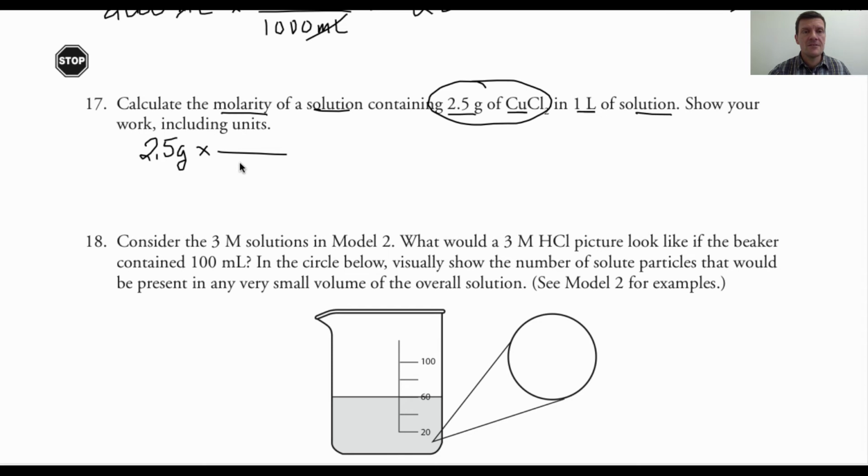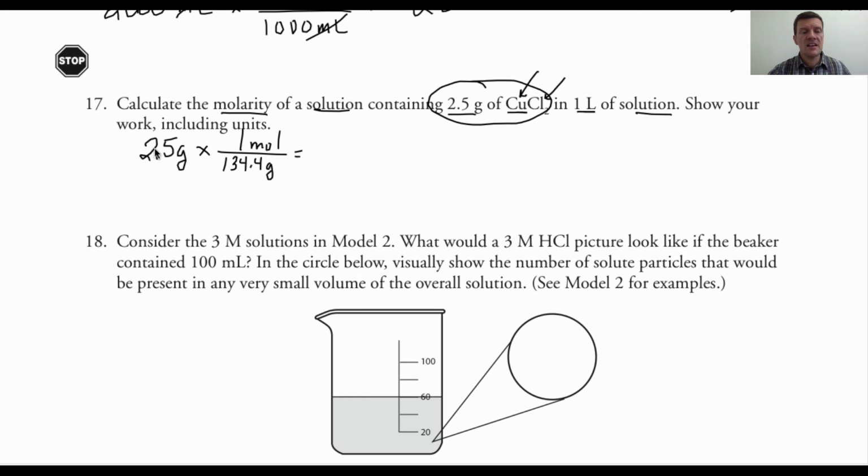We have to divide by the molar mass. So you look on the periodic table, find copper, find its molar mass, it's just a number right under the symbol, and then add that to 2 times the molar mass for chlorine. Add those numbers up, you should get 134.4 grams for each mole of copper 2 chloride.